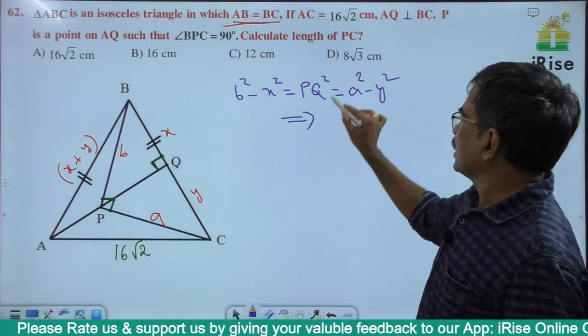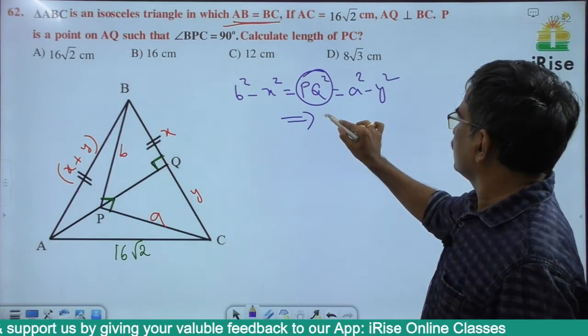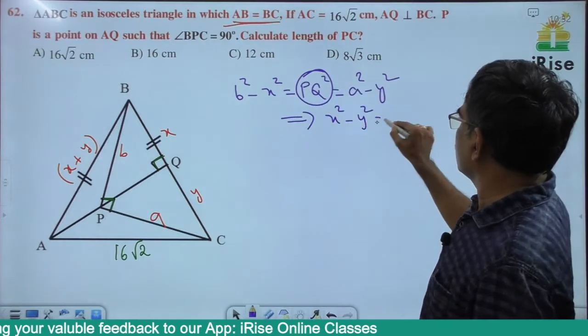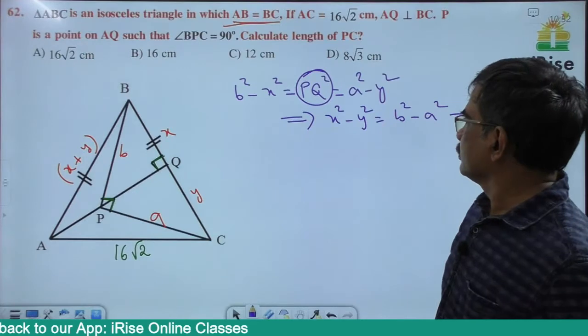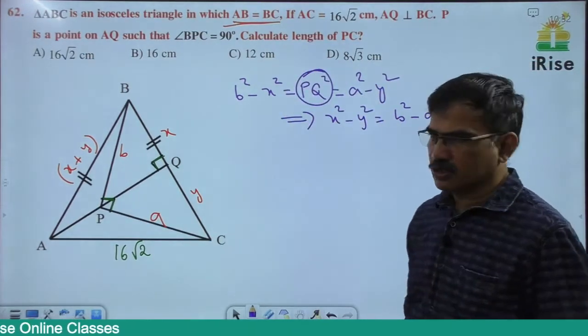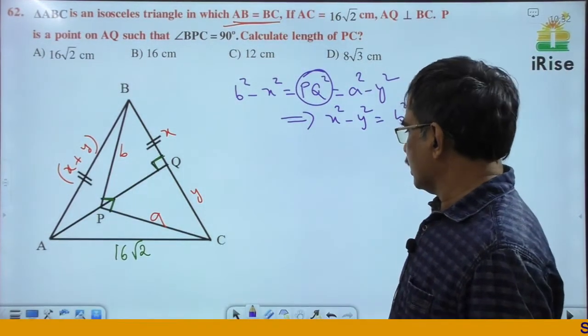So equating these two, we get x square minus y square, transferring, is b square minus a square. This is condition 1: x square minus y square is equal to b square minus a square.